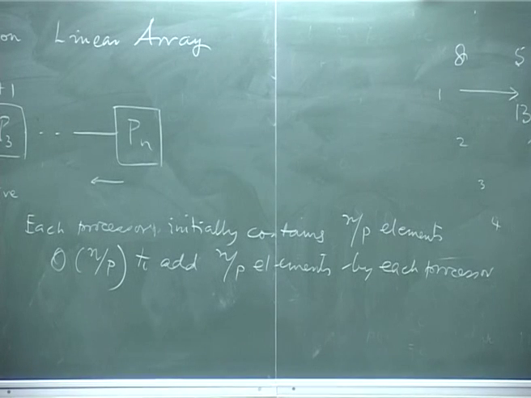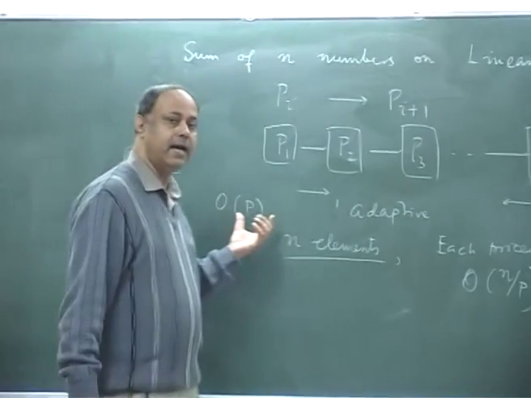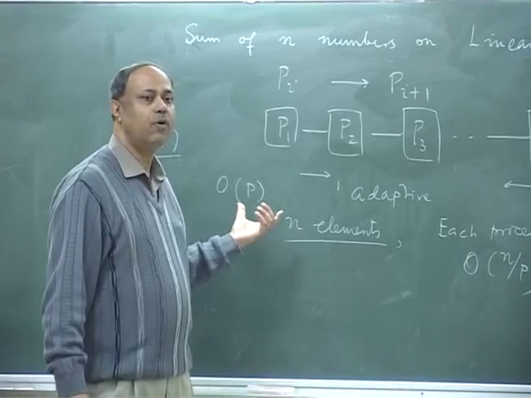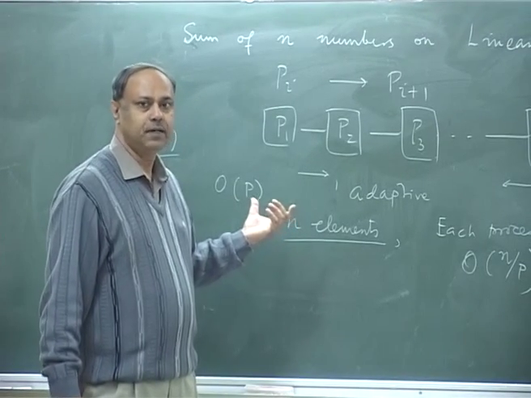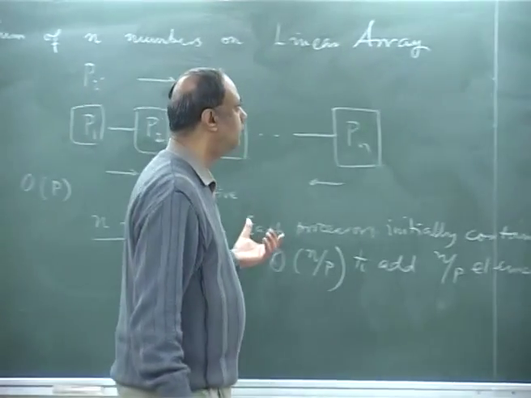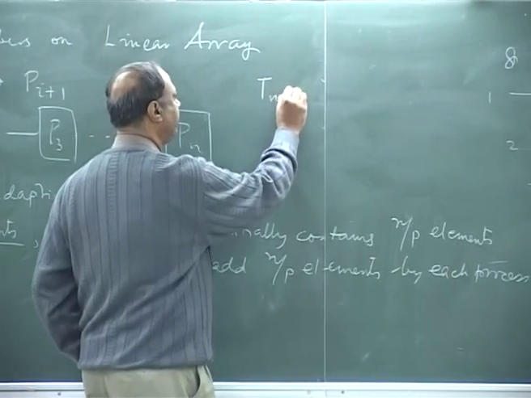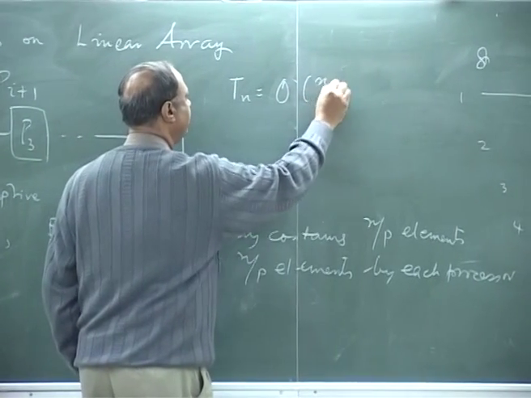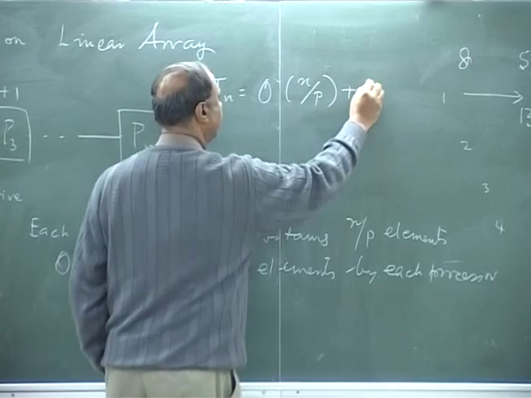Now you have p processors, each containing the sum of n by p elements. If I collapse them and add, then I need order p time to get the sum of n numbers. So the total time Tn becomes order n by p plus order p.